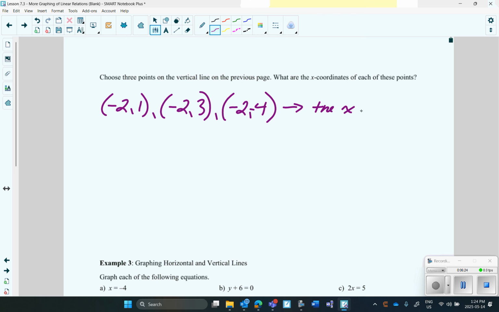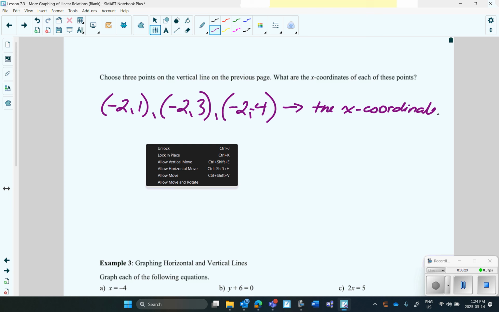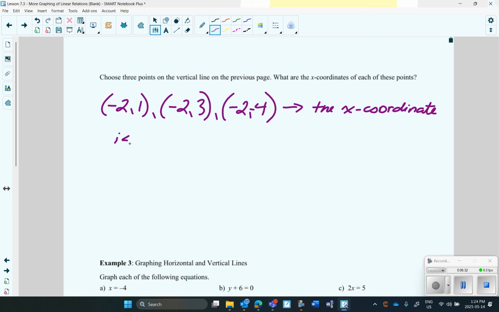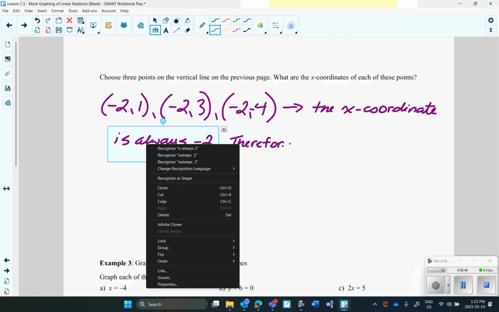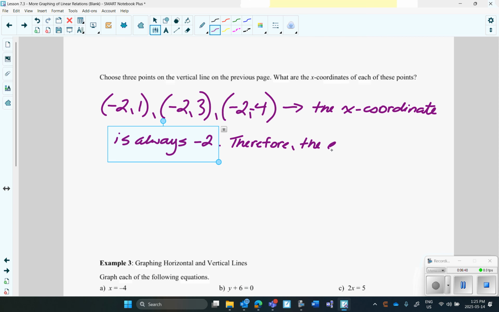The x-coordinate is always -2. Therefore, the equation of this line is x equals -2.